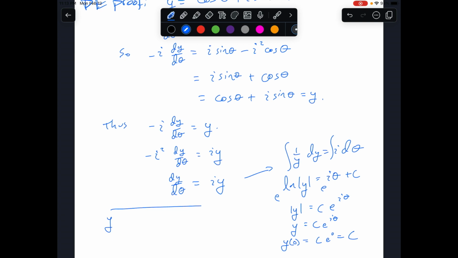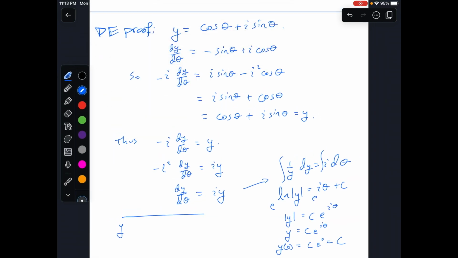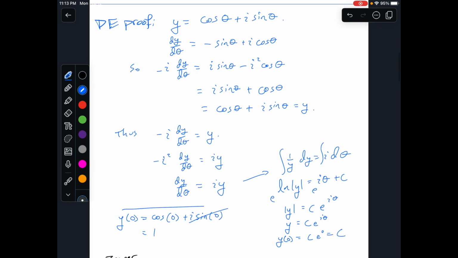And by our original definition of y, y of 0 is cosine of 0 plus i sine of 0. But sine of 0 is 0, and cosine of 0 is 1. So we get that y of 0 has to equal 1. And we already know that y of 0 is equal to c, and therefore our value of c is equal to 1.